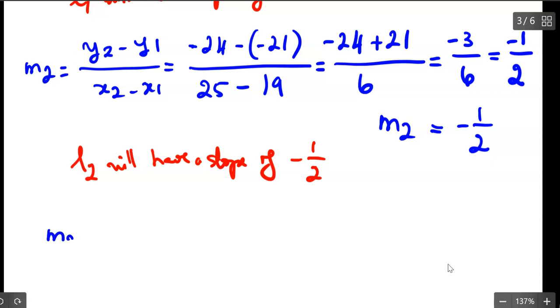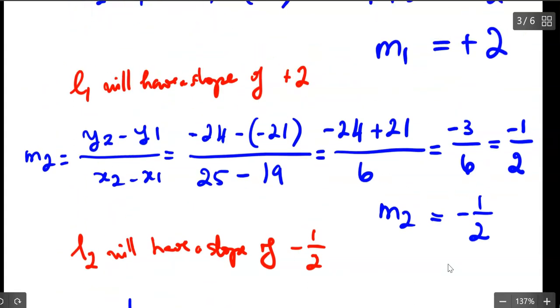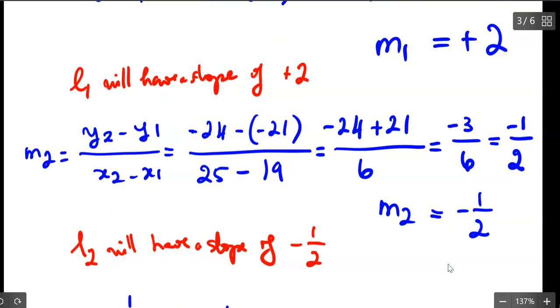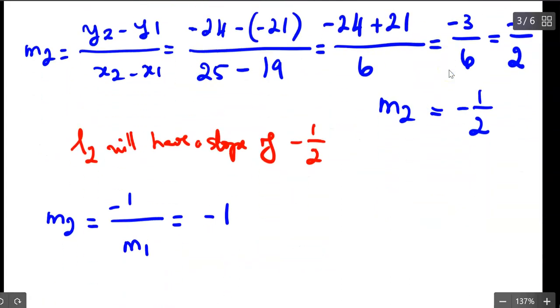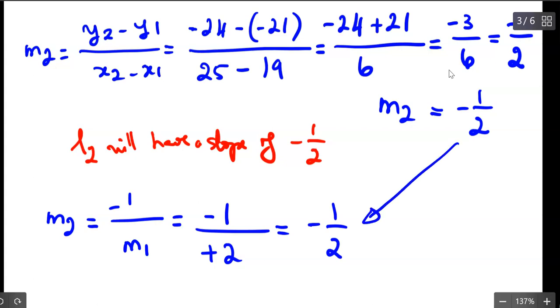So let's say m1 or m2 is the negative reciprocal of the other. So if you take negative 1, okay, you divide it by your m1, which is what you found as positive 2 right here, so you divide by positive 2, you get negative a half, which is exactly what you see right there, right?